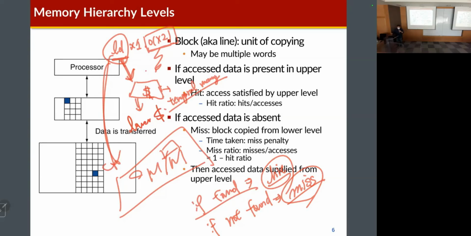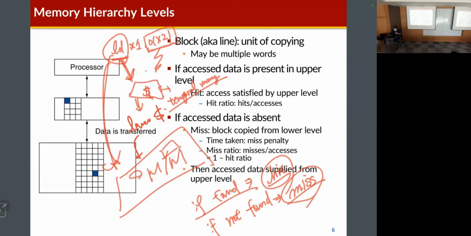And then this process is repeated. If the required data is not found in the level 3 cache, called the last level cache, then the processor needs to access the main memory, and the data will be found in the main memory.